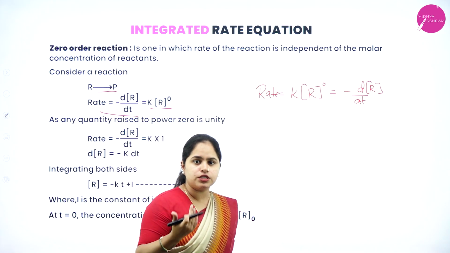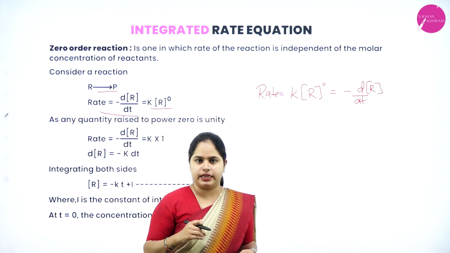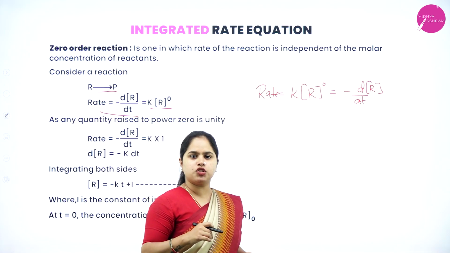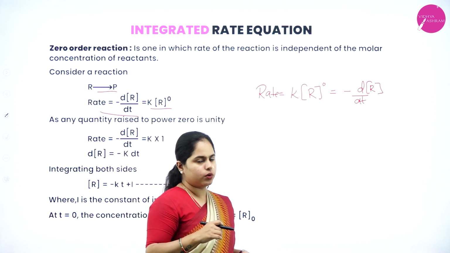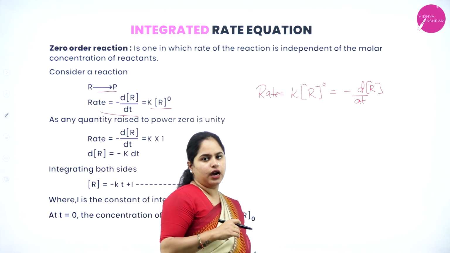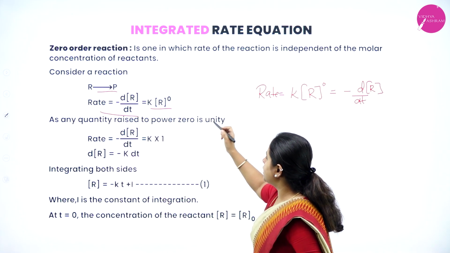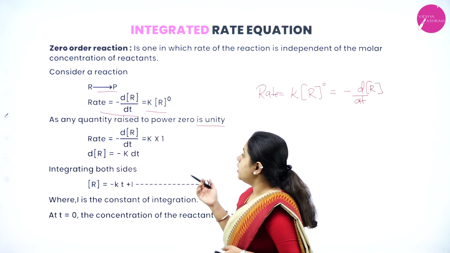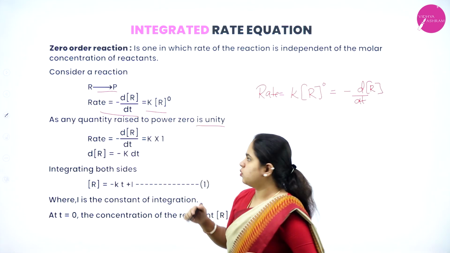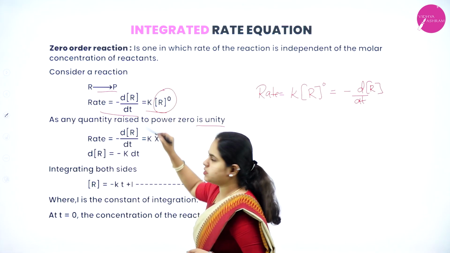Because the concentration of the reactants is decreasing. So we can link all this together: rate is equal to K into R to the power 0, which is equal to minus dR by dt. Taking these two together, as any quantity raised to the power 0 is equal to 1, this term becomes 1.